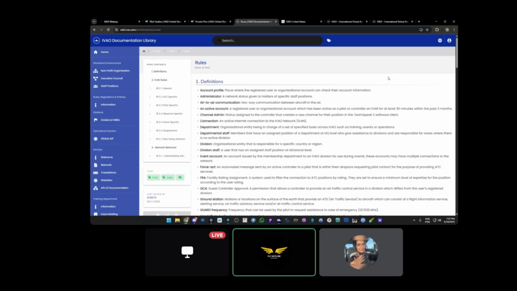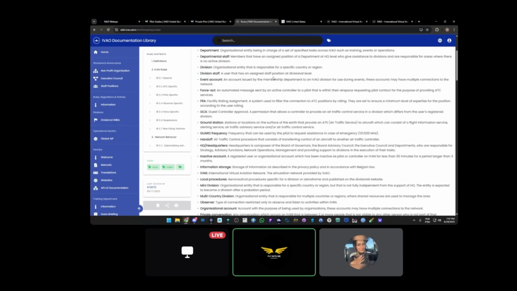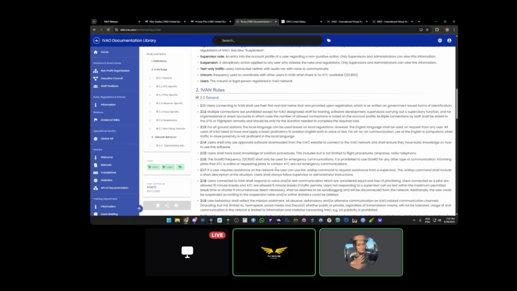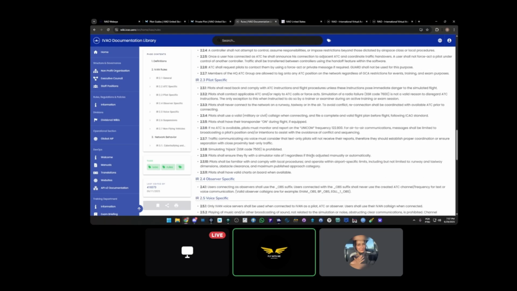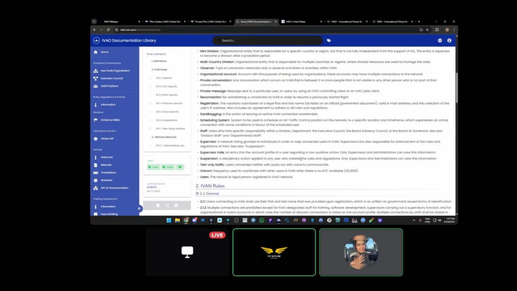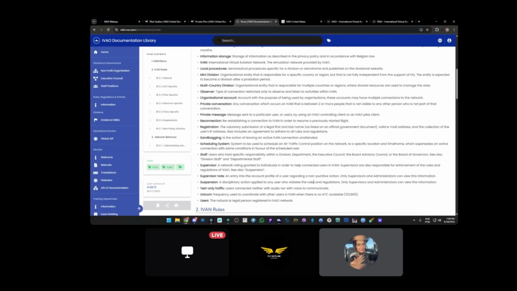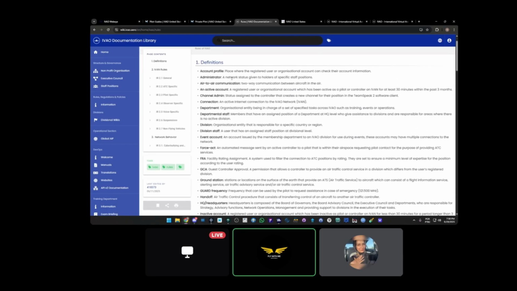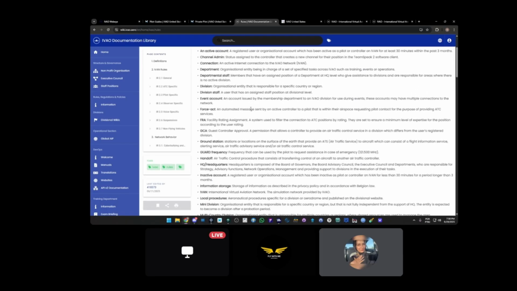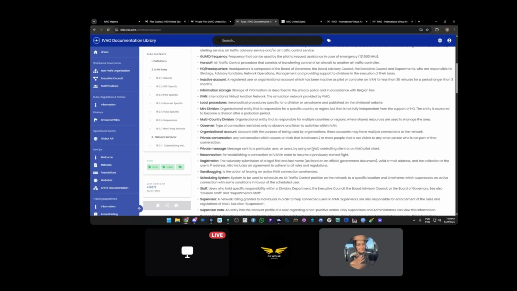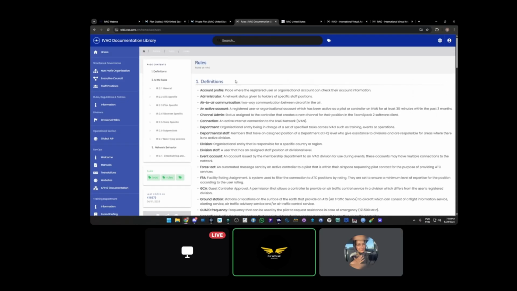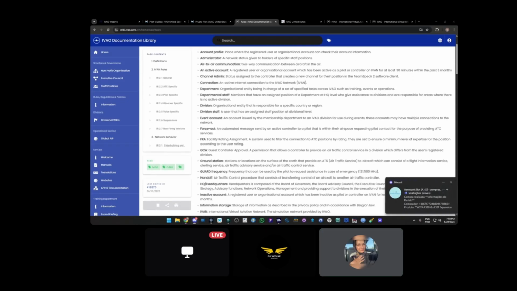Yeah. And there are a few more rules here, like your account profile, division staff. There's an important one that you need to know, which is the Unicom frequency, also known as advisory, here on Iveo, 122.8. Whenever you don't have ATC online, you're just gonna use that one. But the ATC have another number? Yeah, when you have ATC online, you will just monitor their frequency. The airport frequency, or whose frequency?